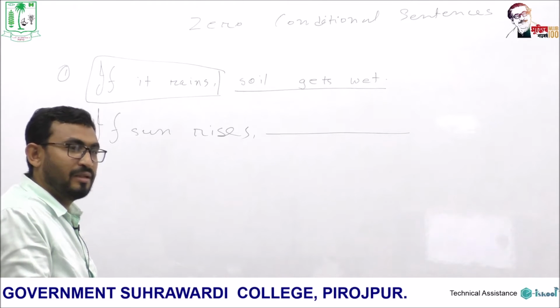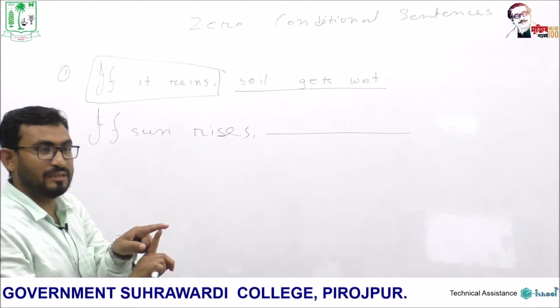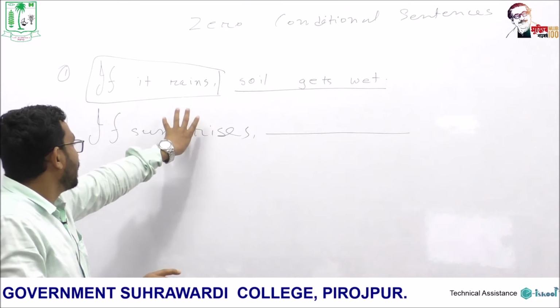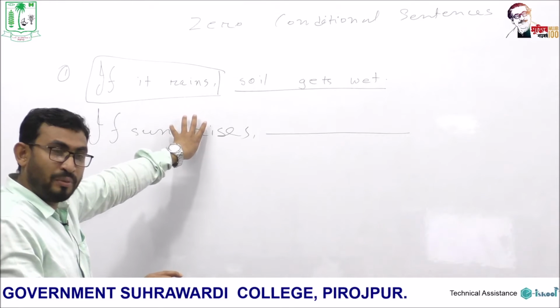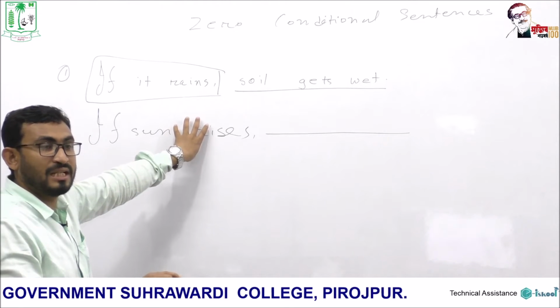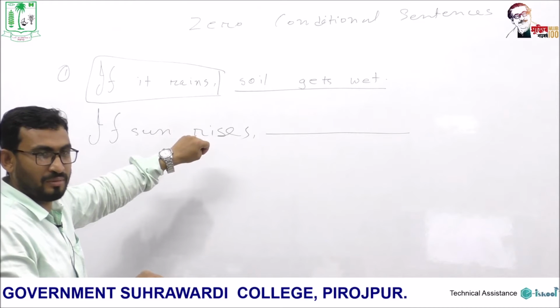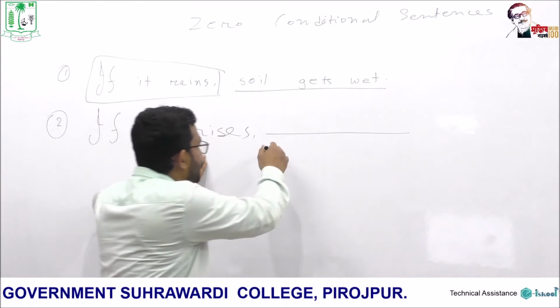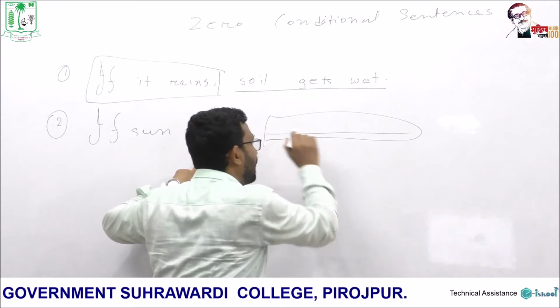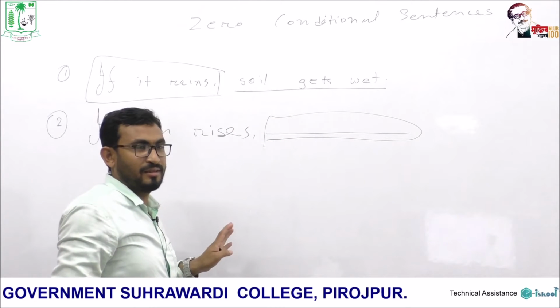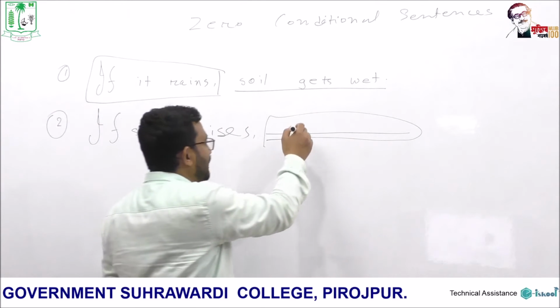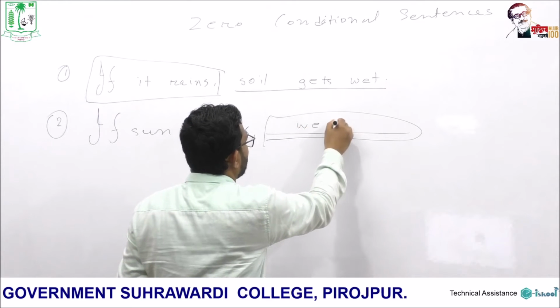How to complete? The grammatical rule is that it would be a sentence of a scientific truth or universal truth. Therefore, the following clause should be written in present indefinite tense. What can we write? If sun rises, we get light.